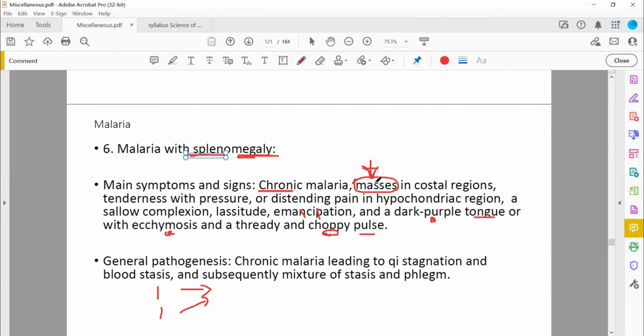So this one, the mass, the blood stasis is very obvious, right? And this thin pulse could tell you there's a stagnation. Not very clear signs of phlegm, but in this stage, everything is possible.